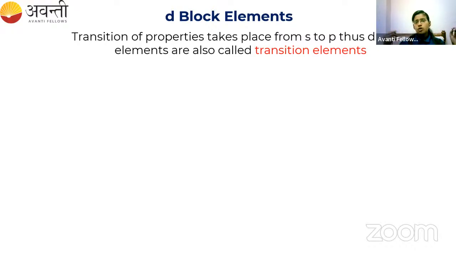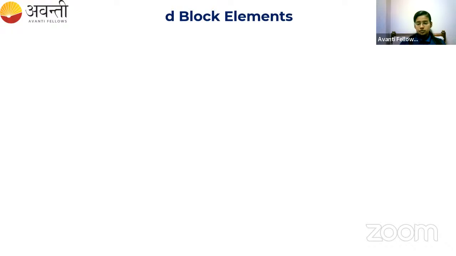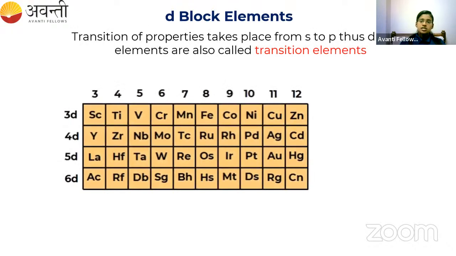Left side we have S block and right side we have P block. Some of the properties of D block are similar to S block and some are similar to P block. So it is transition. The D block has both properties. That's why it is placed at the center of the periodic table and is also called transition elements.